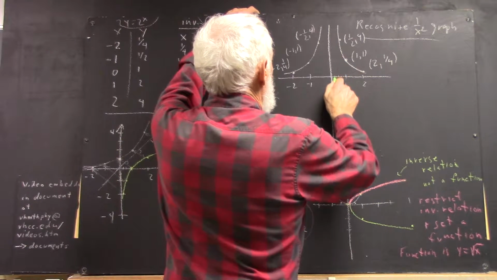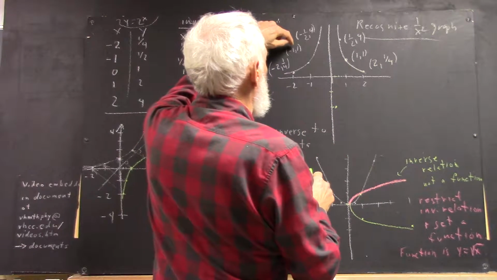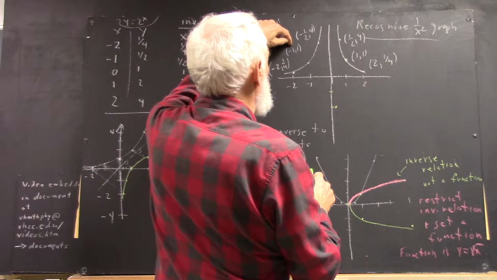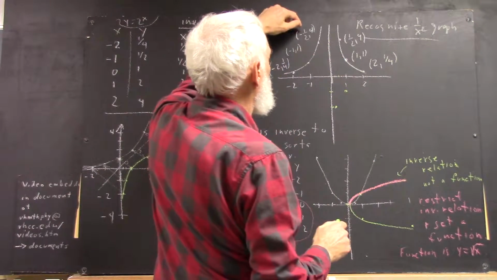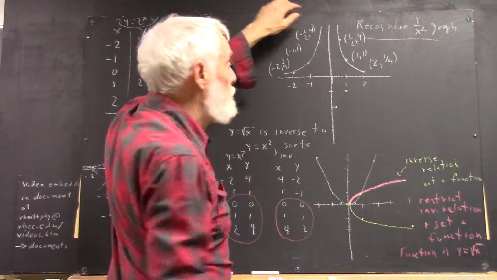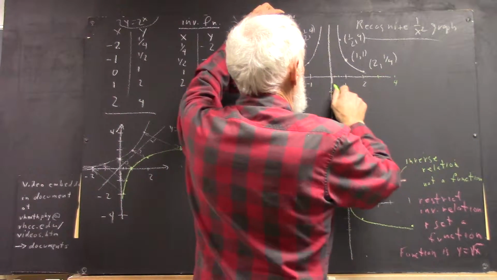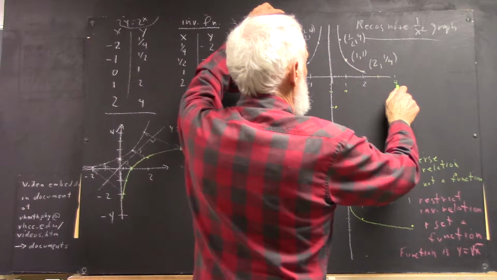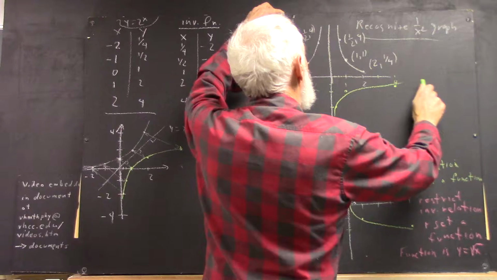So let's see, 1/4 would be here. 1/4, -2 would be here. Negative 1 would become 1, -1. -1/2, 4 would be 4, -1/2, so we have to get 4 out here, right? And then -1/2 would be here, so we'd have a point here, and now we can do this, right?